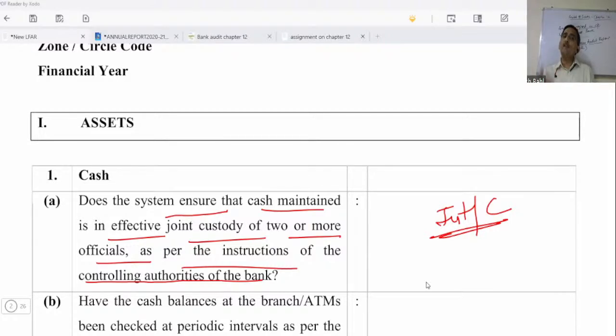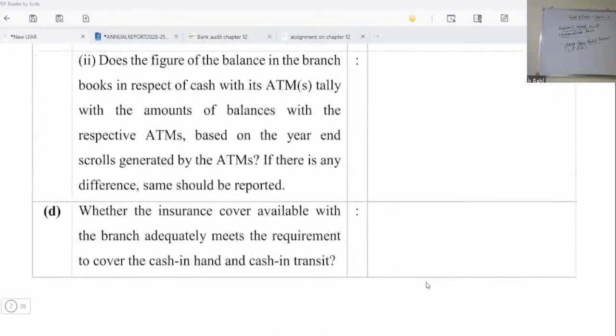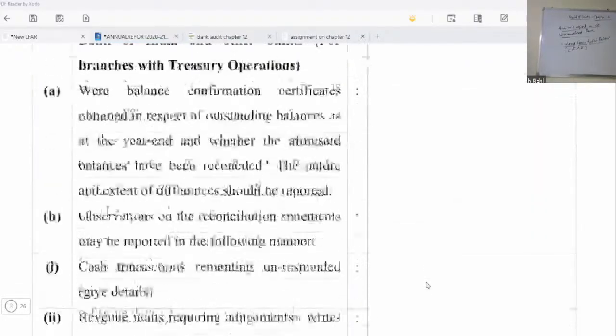So he would check daily cash register and see whether it is being signed by two responsible officials, and what is the system that is being followed practically. Okay, like this, there are questions on cash.